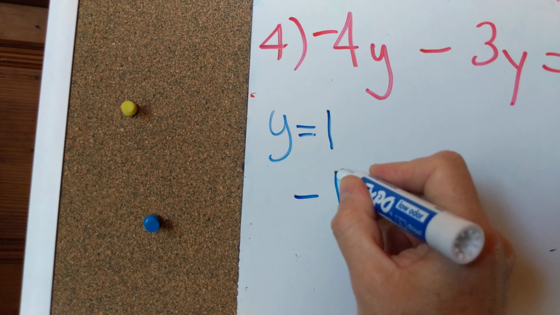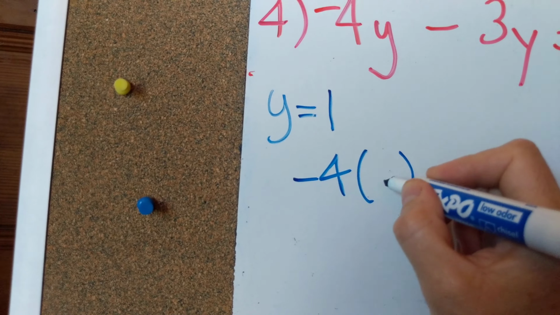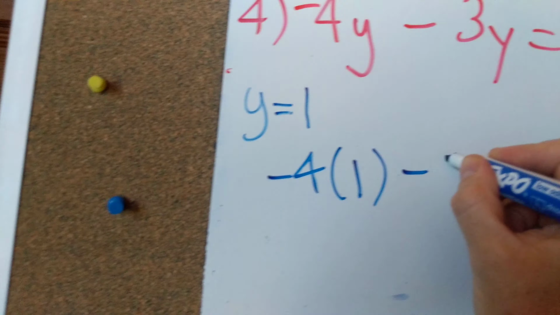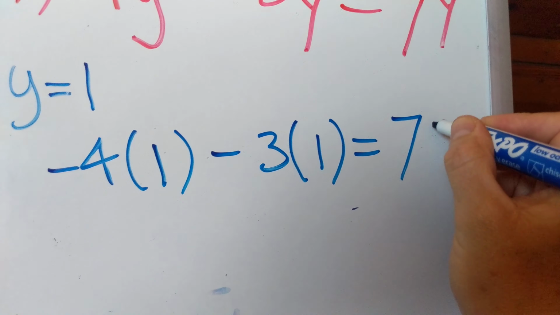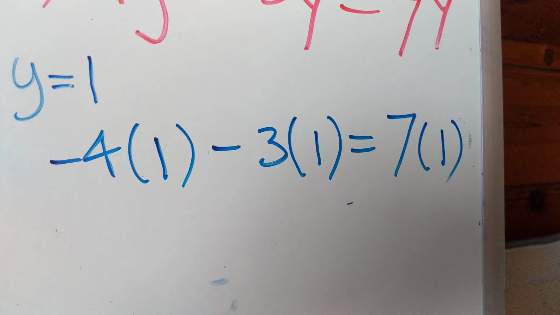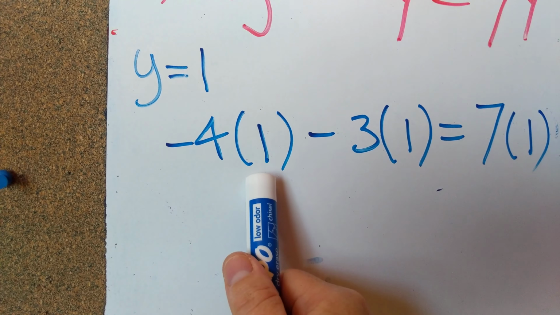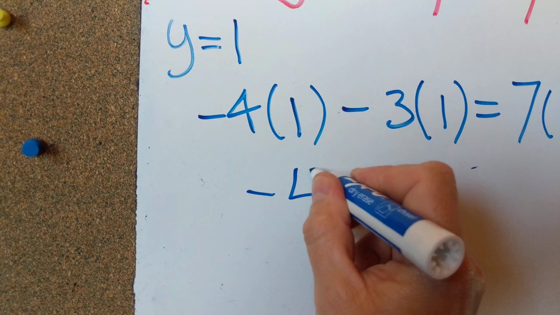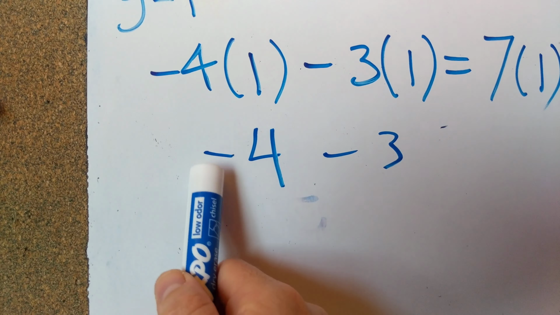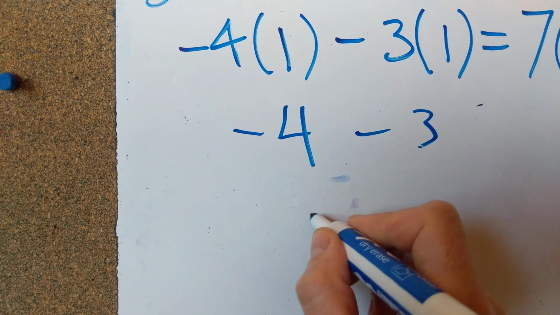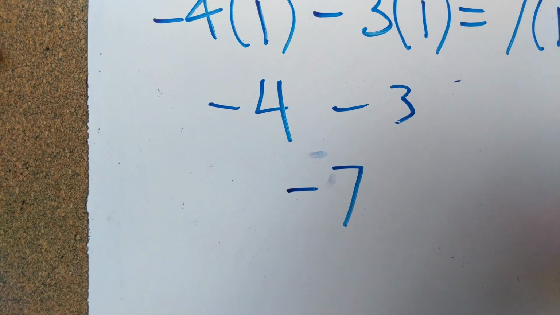So we'll have negative 4 times 1, negative 3 times 1, and 7 times 1. Negative 4 times 1 is negative 4. Negative 3 times 1 is negative 3. Negative 4 minus 3 equals negative 7.